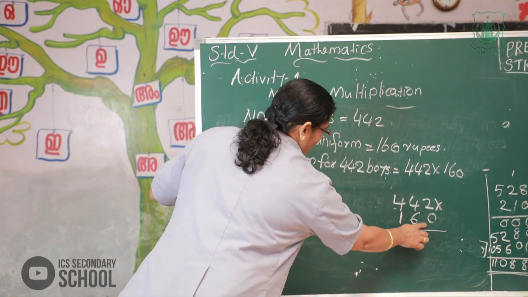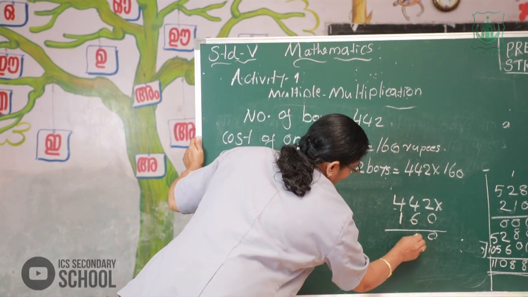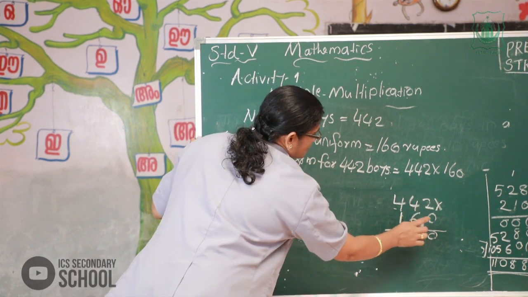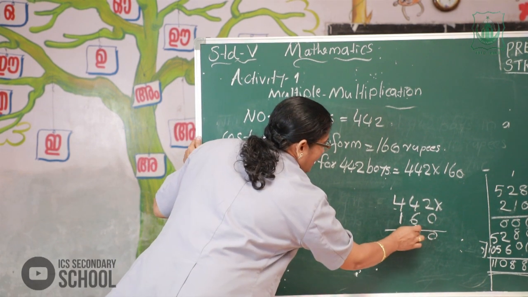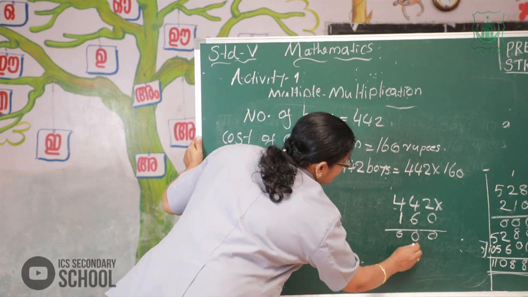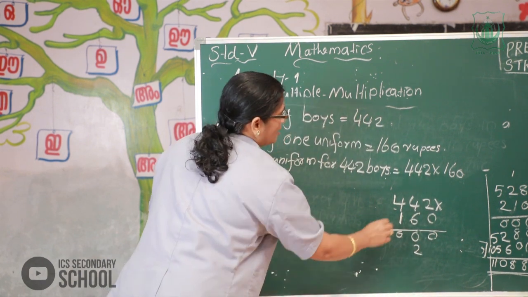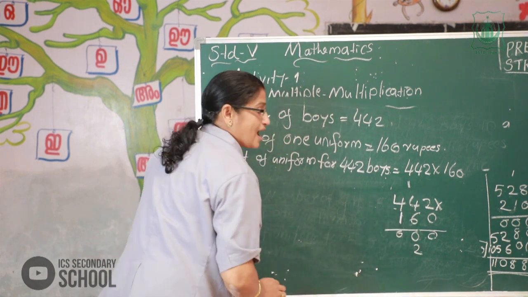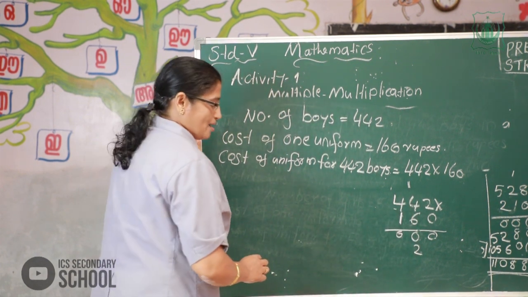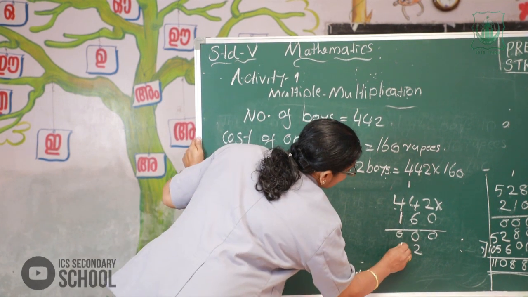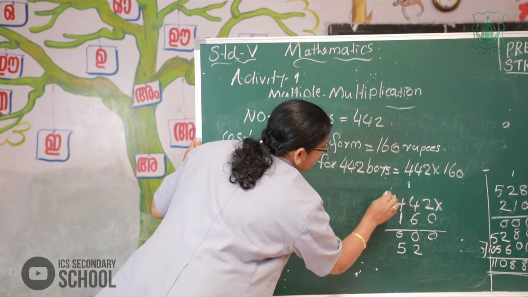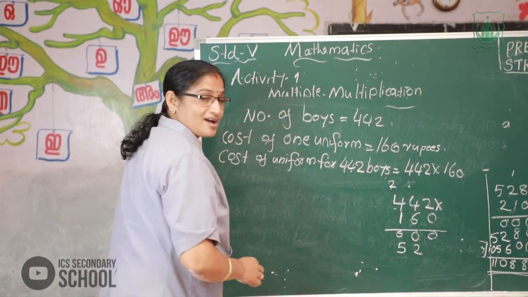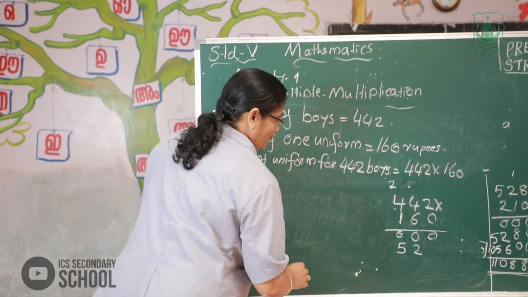Multiply 0, 0. 6 2s are, multiply 6, next number tens place, 12, 1 balance. 6 4s are 24 plus 1. Balance 2.